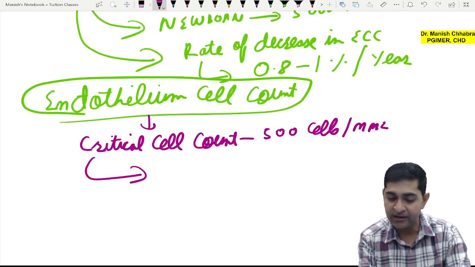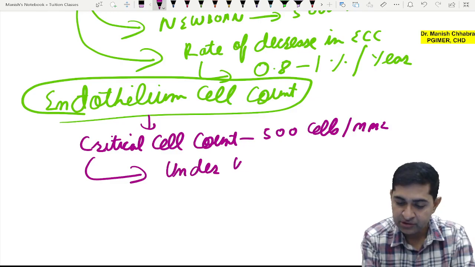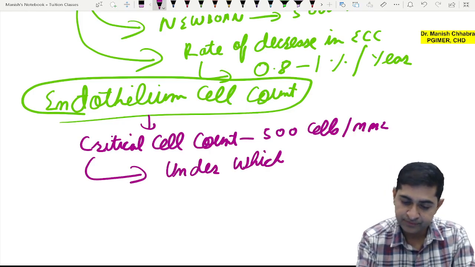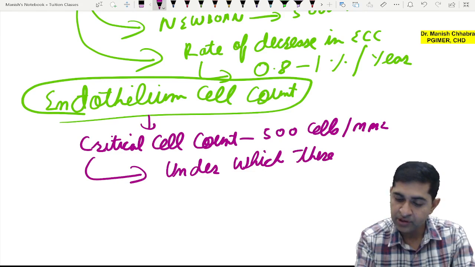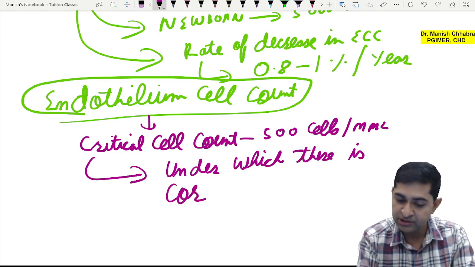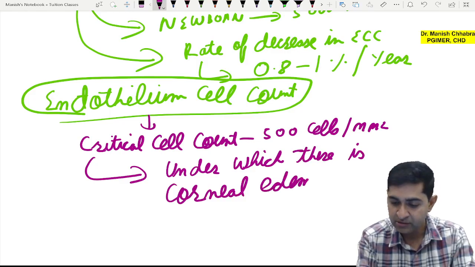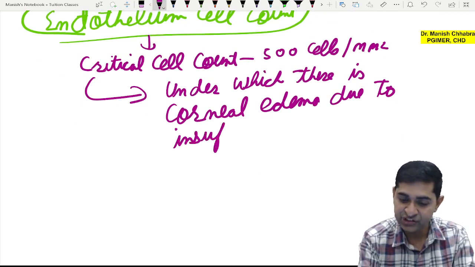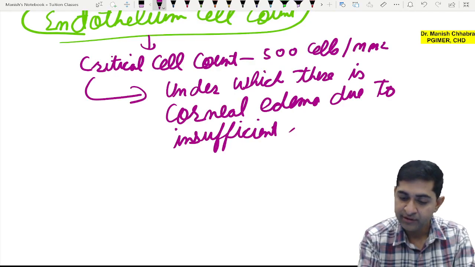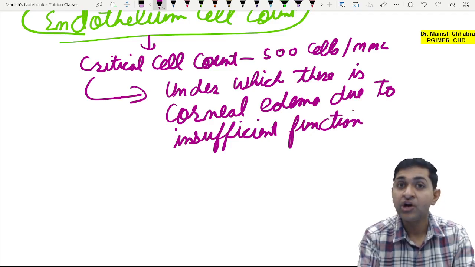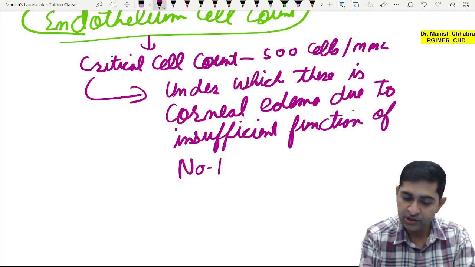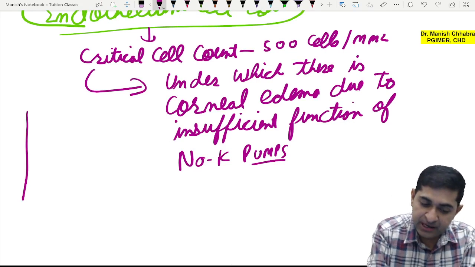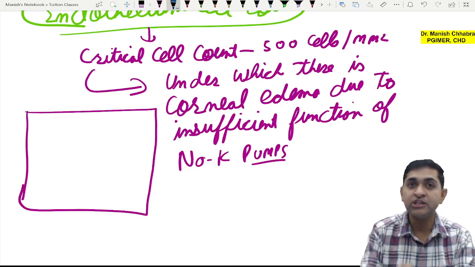So critical cell count is that count under which there is corneal edema due to insufficient function of sodium potassium pumps.